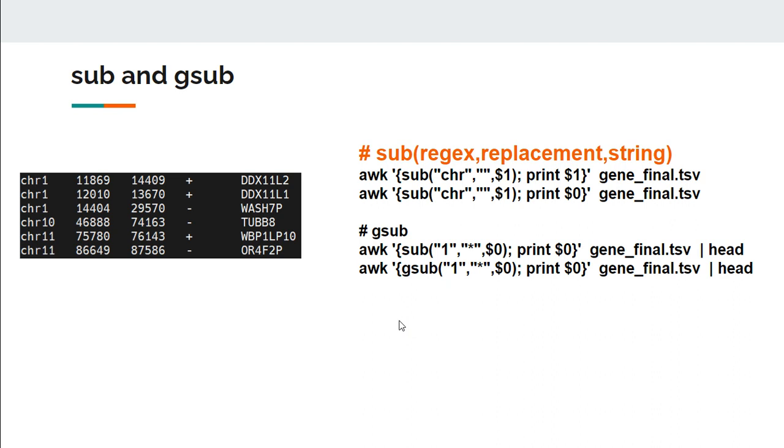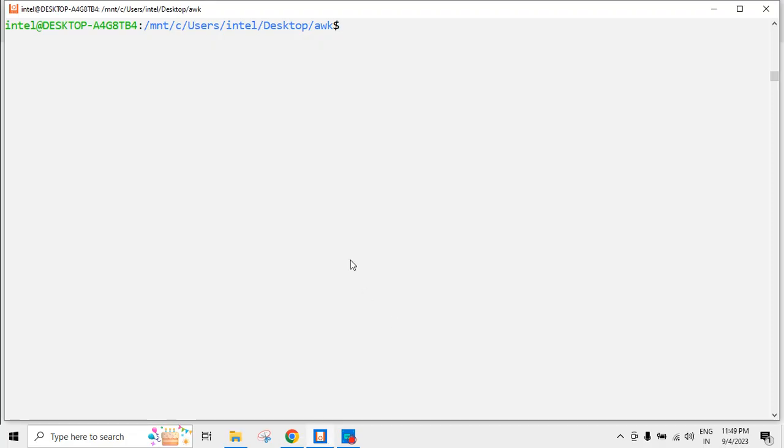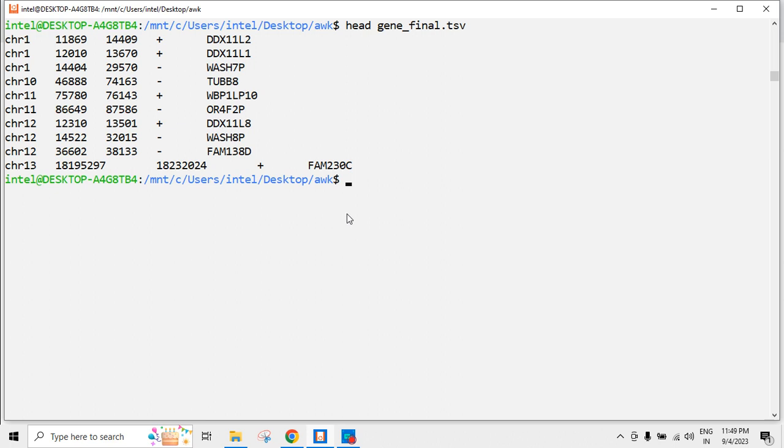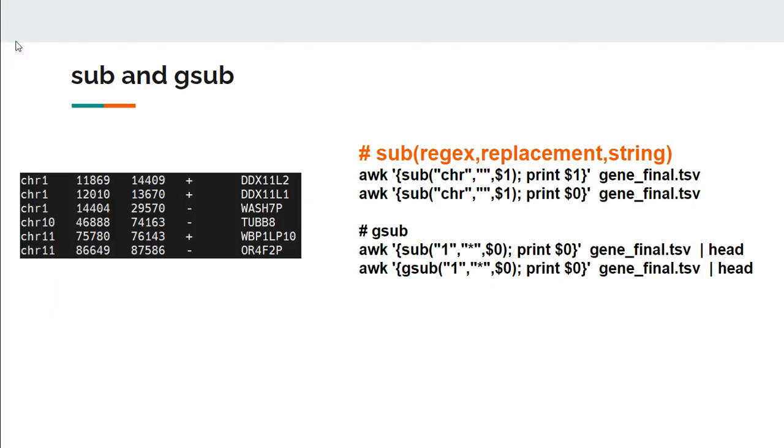This is an important function, it means substitute and global substitute. Okay, so let's say this is my data, right? I want to just substitute chr, delete chr. So how can I do it? I can simply use this function called sub. And $0 is the string where I want to do it.